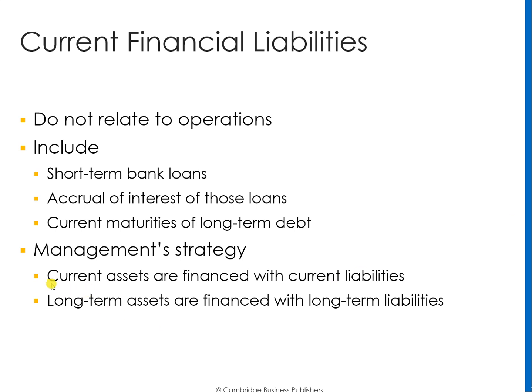Typically, the strategy we adopt is that current assets are financed with current liabilities, and long-term assets are financed with long-term liabilities. Right, I can borrow a short-term loan to increase my working capital, but if I want to purchase a building, something like that, long-term loans will be obtained.